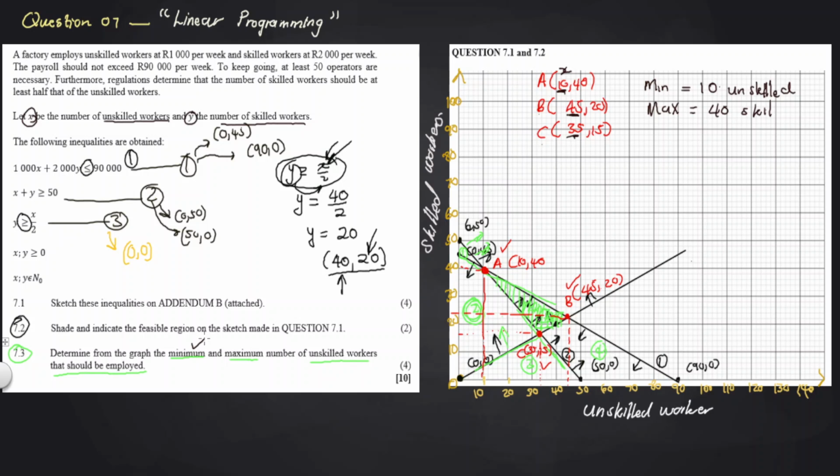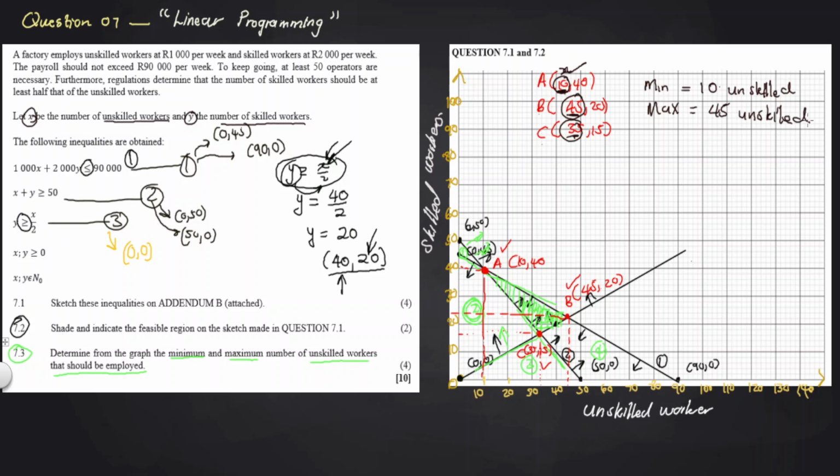So the minimum and the maximum are for the unskilled workers. It's not going to be 40, it's 45. So this is the number of unskilled workers: the minimum is 10 and the maximum is 45.